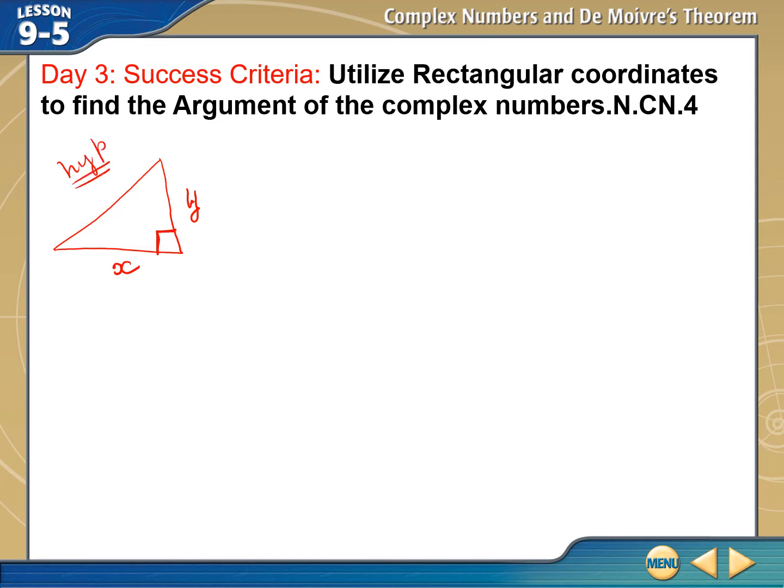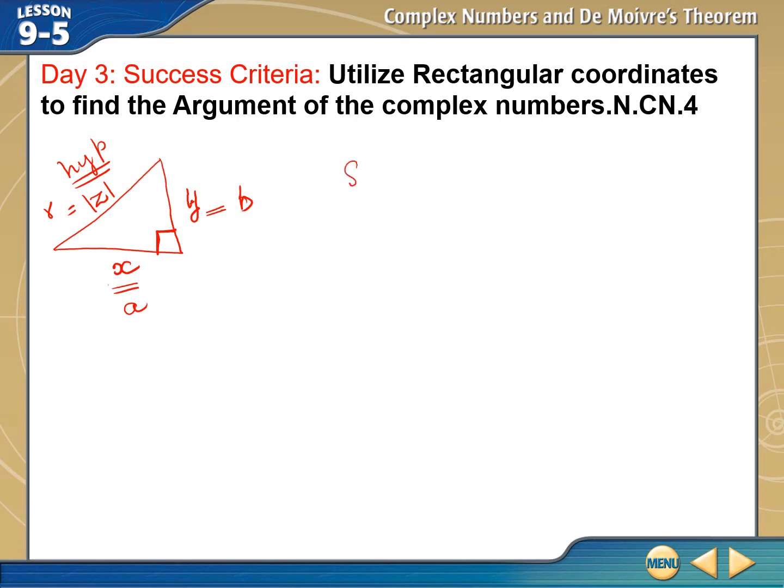Let's suppose the hypotenuse is represented by z, or the absolute value of any complex number. Basically, in a unit circle we always use the letter r for it, and if you want to represent it with the absolute value of z, no harm in it. Now x can also be represented by a, and y can also be represented by b. So it's up to you, but the basic thing is to understand the idea.